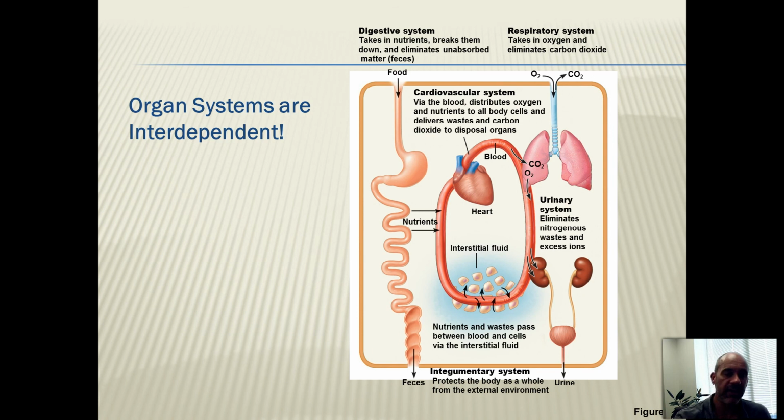Another thing to keep in mind, as I mentioned on the very first video clip, is that your organ systems are interdependent. That means they don't function as little islands. Your digestive system brings in nutrients and fluids, transfers that over to your cardiovascular system. Your heart pumps the blood throughout your body, and the blood then releases fluids and nutrients into your tissues.